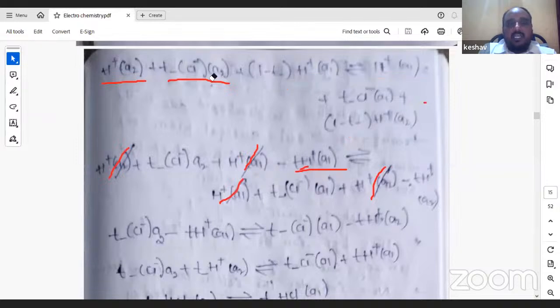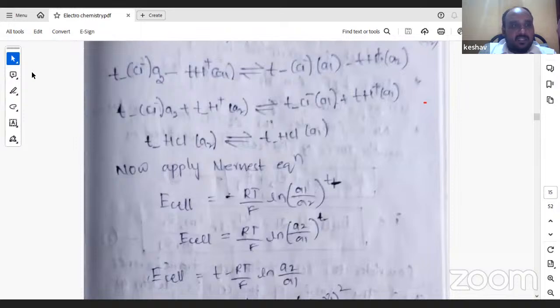Same sign, same ions with the same activity become cancelled. After cancelling, we will get only these: T minus Cl minus of A2 minus T minus H plus of A1 in equilibrium with T minus Cl minus of A1 minus T minus of H plus of A2.